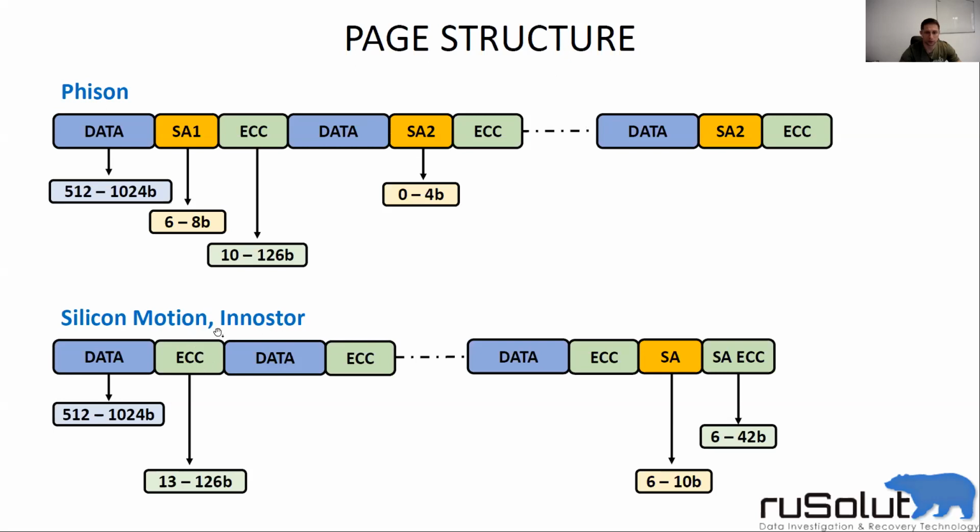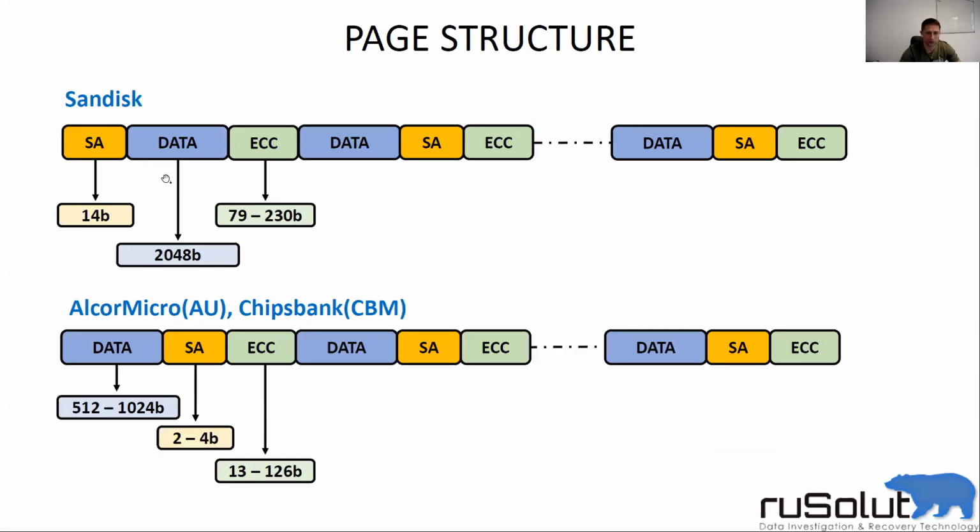Silicon Motion and InnoStor have this structure and quite the same range for ECC and for service area. SanDisk is represented here. Alcor Micro and Chips Bank next.